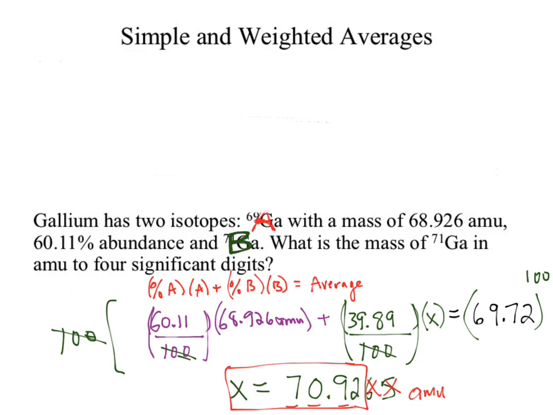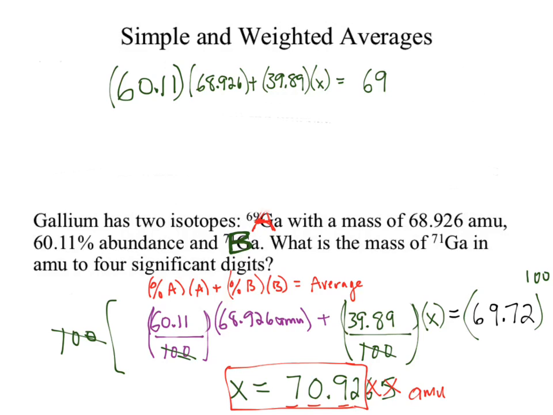So the answer I would end up with would be 60.11 times 68.926 plus 39.89 times x equals, and I'm going to do the thing that I told you not to do. I'm just going to shift that decimal. Okay, multiplying that by 100. Algebra step number 1.